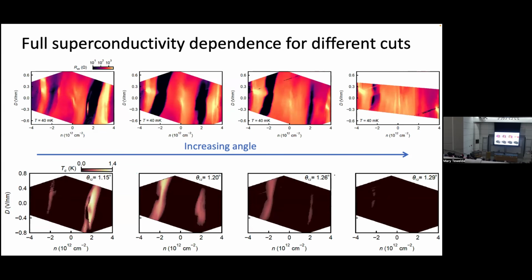And what you find is that at low angles, the electron side has a larger patch of superconductivity, a higher TC as a function of these tuning parameters. Eventually, it weakens and even disappears at the highest twist angles. The holes have the maximum TC at a higher twist angle and persist also. Superconductivity persists to higher twist angles.